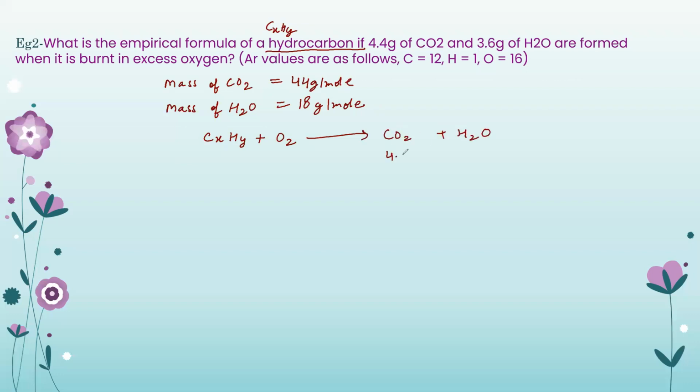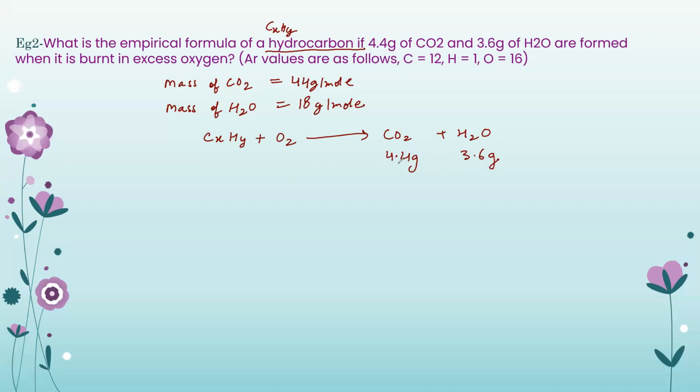For 4.4 gram of CO2 and water is 3.6 gram. So if we can find the number of carbons and number of hydrogens, we will be able to calculate the hydrocarbon also, because this needs to be a balanced chemical equation.